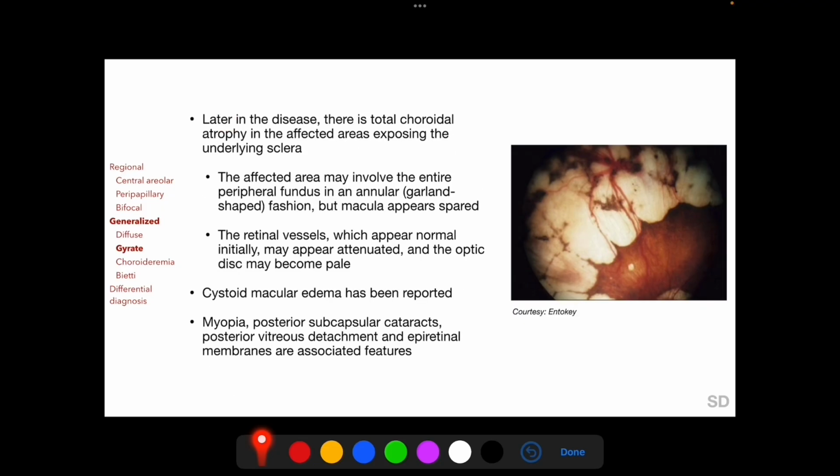Later in the disease, there is total choroidal atrophy in the affected areas, which then appear white because of exposure of the underlying sclera, but the macula appears clinically spared. Cystoid macular edema has been reported in this condition, and myopia, posterior subcapsular cataracts, posterior vitreous detachment, and epiretinal membranes are associated features of this condition.